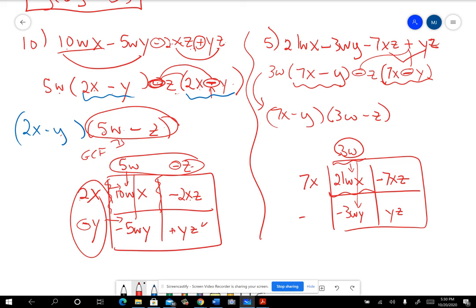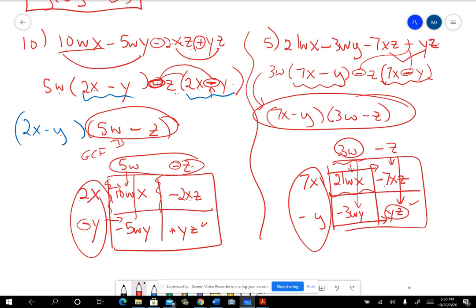And you'd have a negative Y. And then that 7X has to multiply by something to make negative 7XZ. So that must be a Z that's negative. And then that negative Z together with the negative Y would become a positive YZ. So that's like a check. And then my final answer would be what I see on the sides.